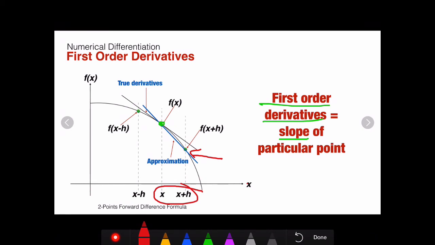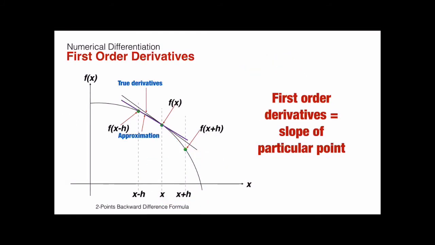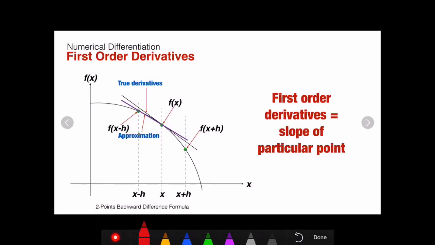So why do we say as parallel as possible to the true derivative? Because when we say it's parallel, the gradients or the slopes of these 2 lines are the same. So this is what we call the best approximation. Now look back at the next one. This is what we do for the backward formula.